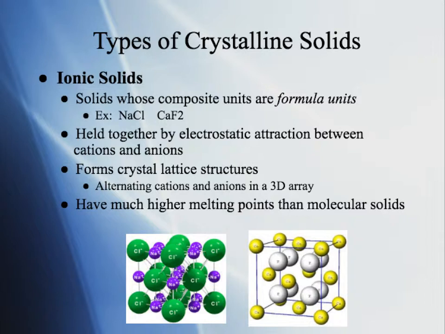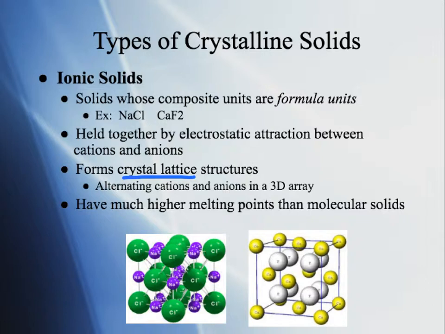They form what's called crystal lattice structures, alternating cations and anions in a 3D array that keeps everybody as happy as can be, where each of the negatives are as far apart from each other and as close to positives as possible, and all of the positives are as far apart from each other and as close to the negatives surrounding them as possible.